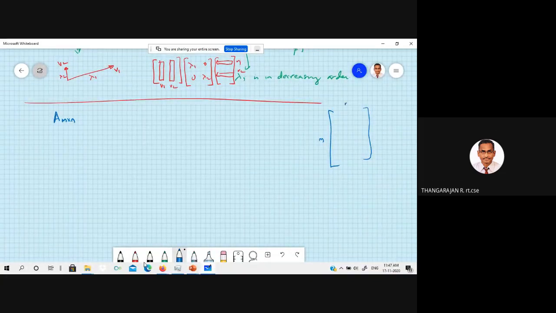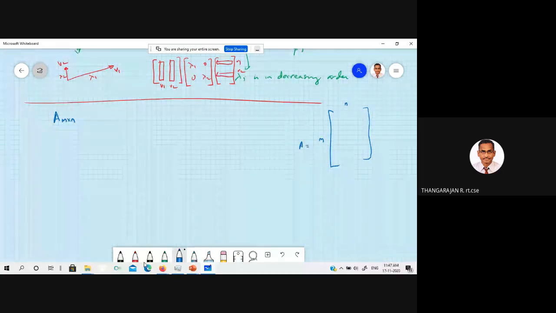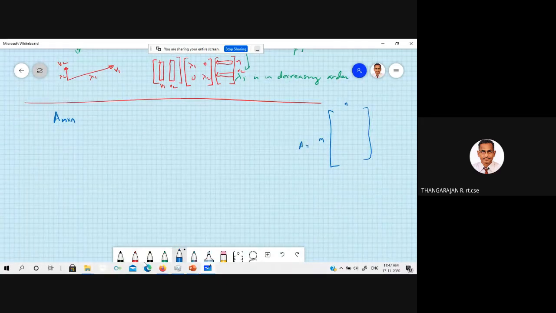This is A. Now can I have a similar decomposition for this? That is what is called singular value decomposition.